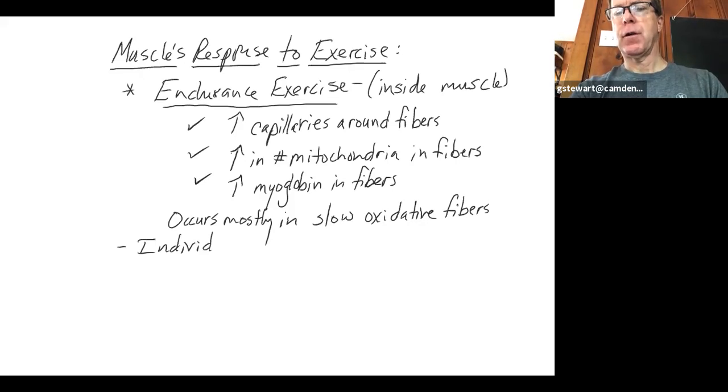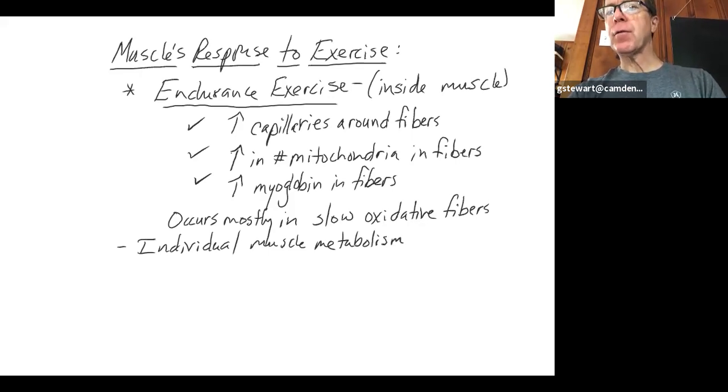Still talking about endurance exercise. So I'm just going to write that individual muscle metabolism. What does that mean? Individual muscle fibers get better at using oxygen and whatever energy source they need to make ATP. That's what it means.